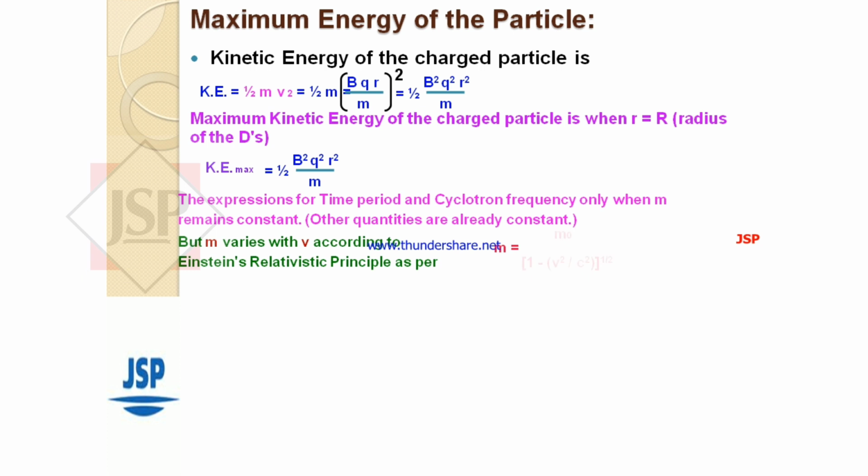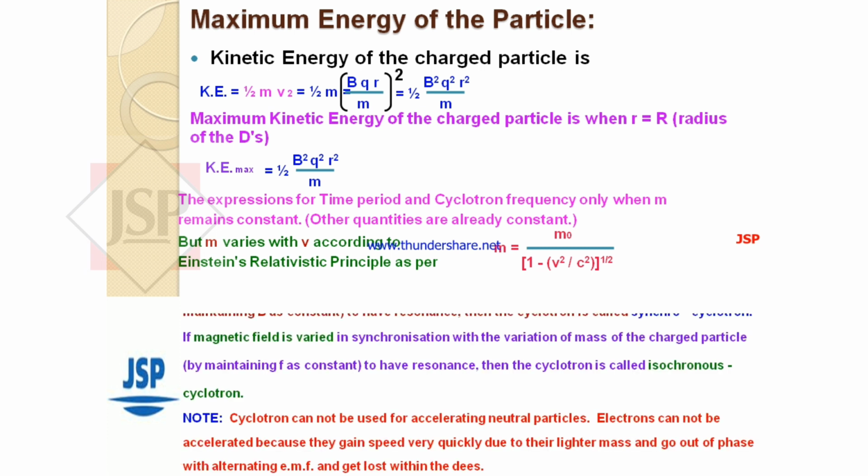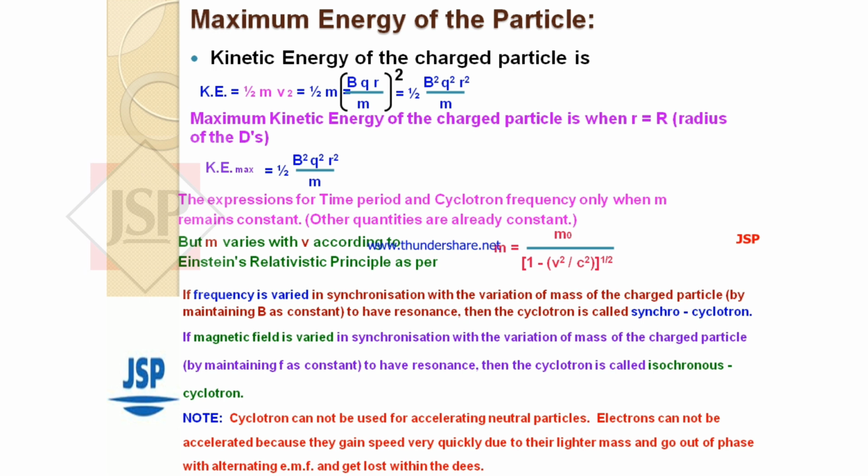If frequency is varied in synchronization with the variation of mass of the charged particle, maintaining B as constant to have resonance, then the cyclotron is called a synchrocyclotron. If the magnetic field is varied in synchronization with the variation of mass, maintaining f as constant to have resonance, then the cyclotron is called an isosynchronous cyclotron.